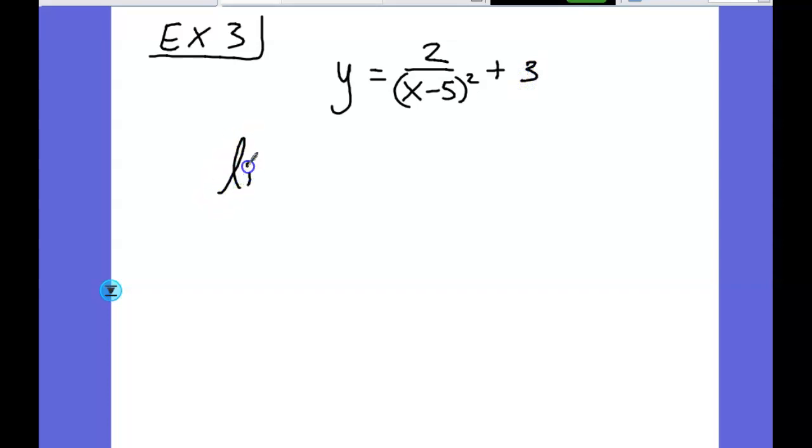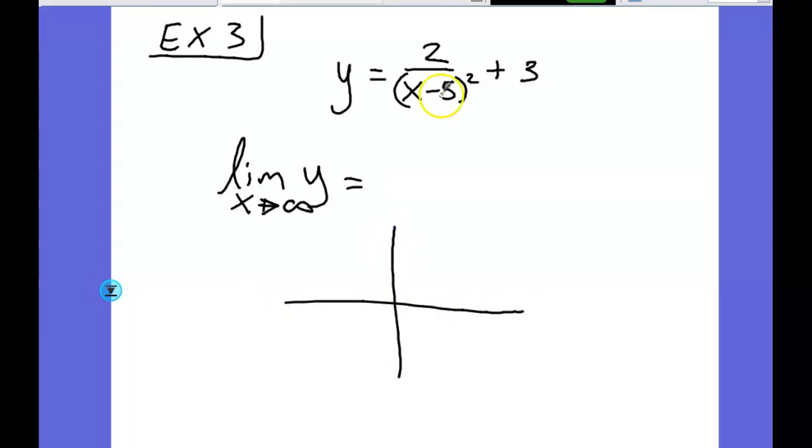And I said to you, what is the limit as x approaches infinity for this particular function, which we'll call y? Well, here's the long way to answer it. The long way to answer is to graph it. Vertical asymptote at -5, actually positive 5. Horizontal asymptote at +3.